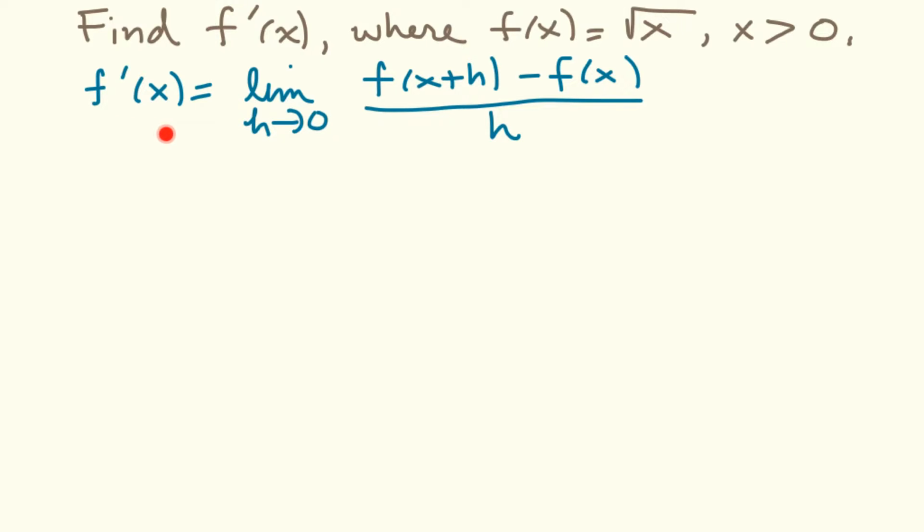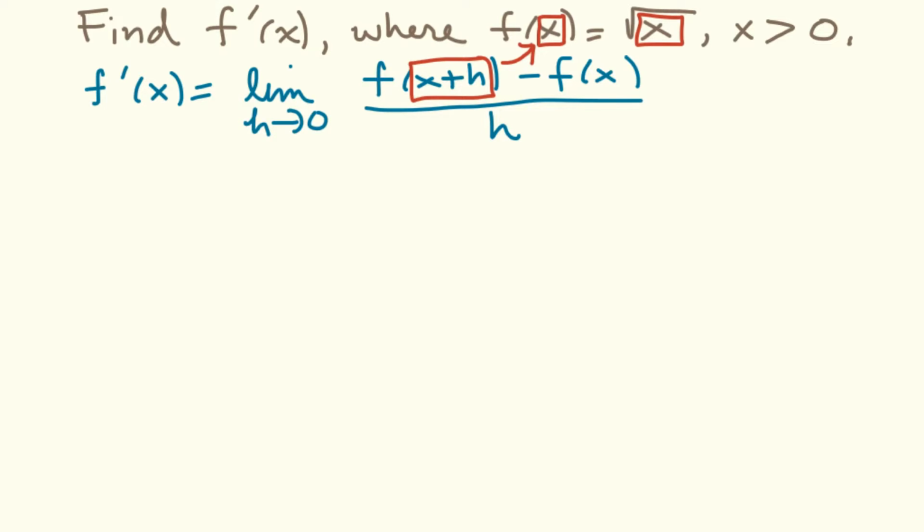We have f prime of x is equal to the limit as h goes to 0 of f of x plus h minus f of x over h, and we have to use the actual function square root of x and translate it using this formula.